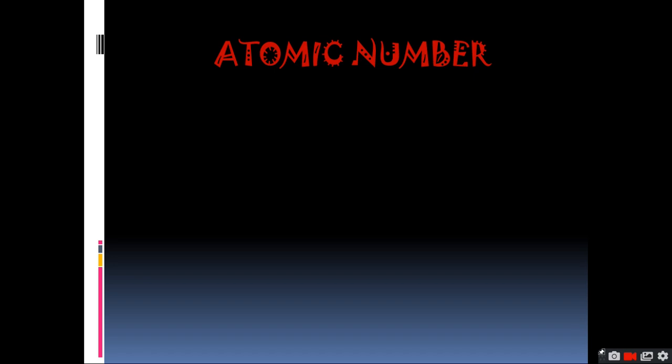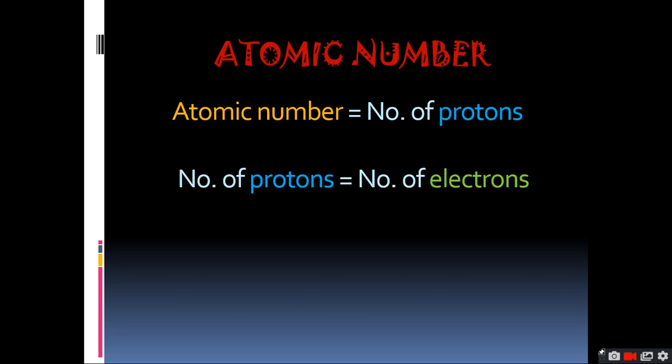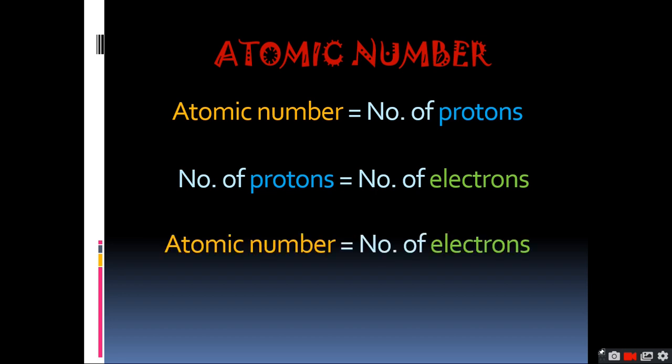Thus, the atomic number is equal to the number of protons, and the number of protons is equal to the number of electrons. We can also say that the atomic number is also equal to the number of electrons. Got it?